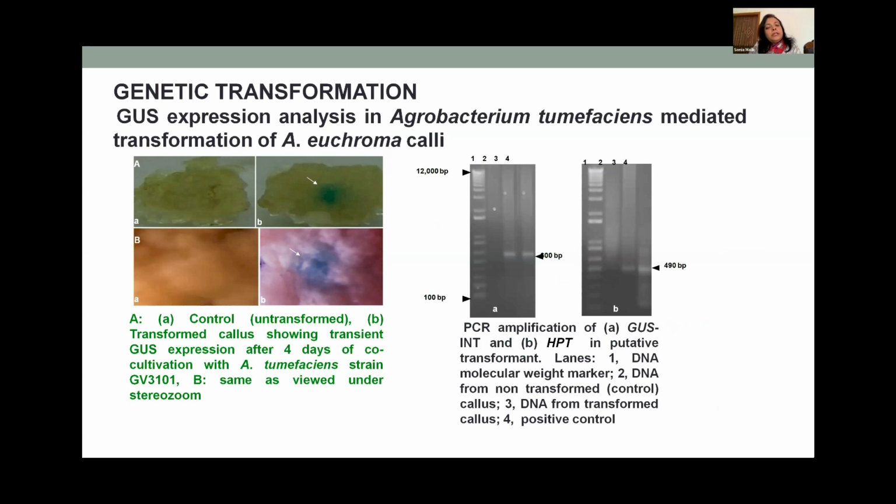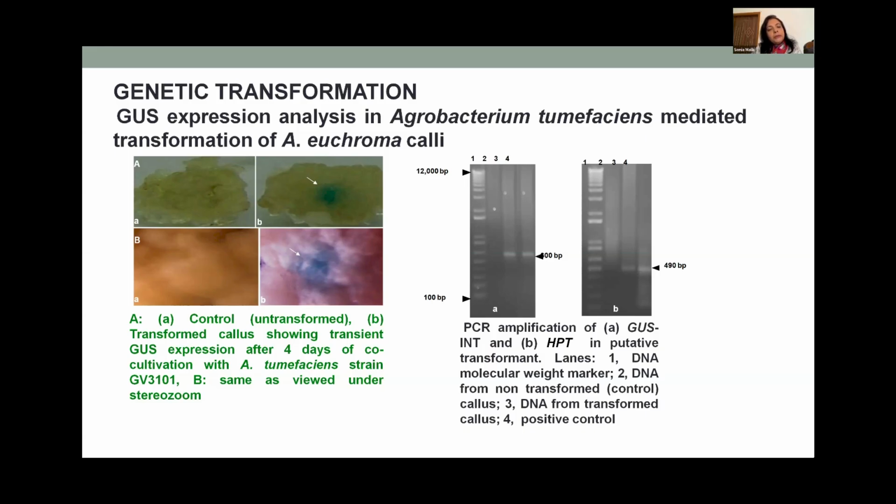And now coming to genetic transformation, here our aim was to reduce the factors reducing the amount of shikonin derivatives, or the other way, to improve the production of shikonin derivatives by engineering the biosynthetic pathway of this plant species. For this, we took the callus culture and the Agrobacterium tumefaciens strain, using the different segments which are responsible for growth.